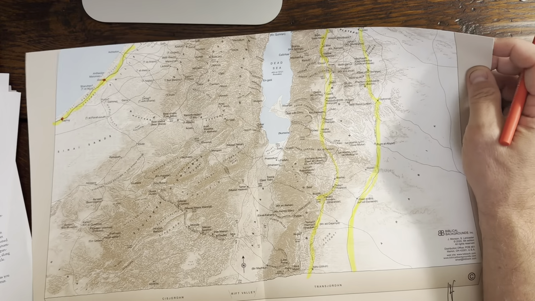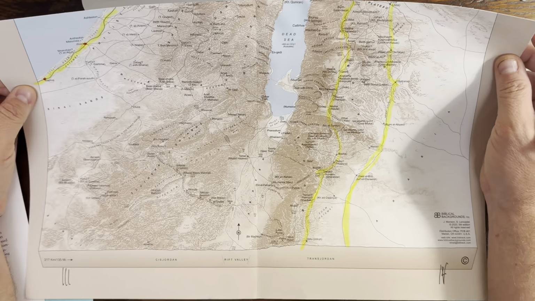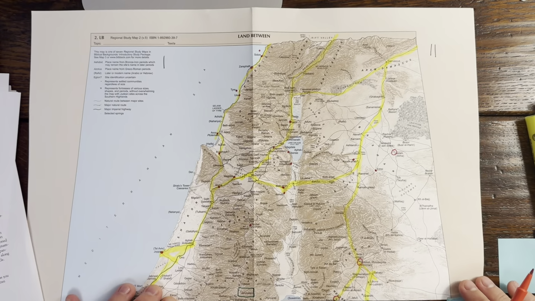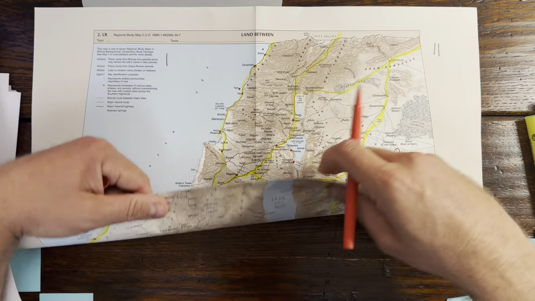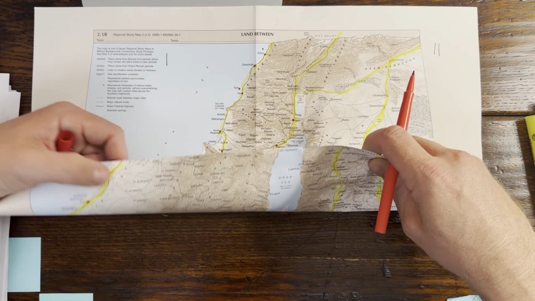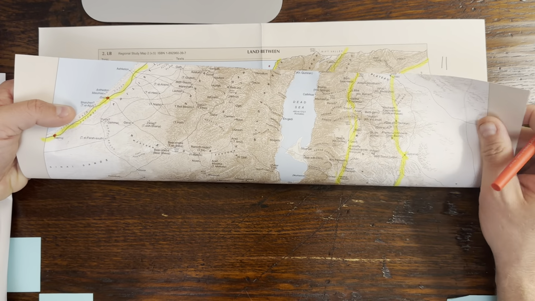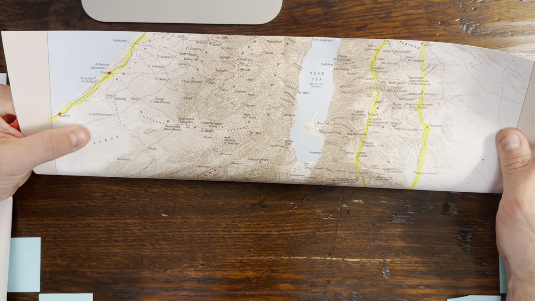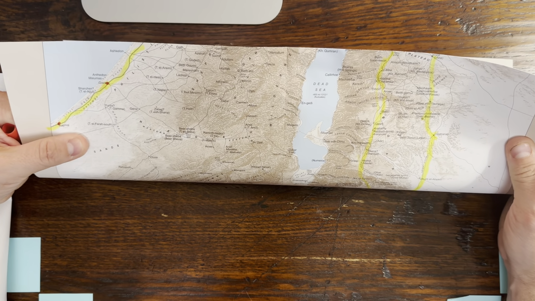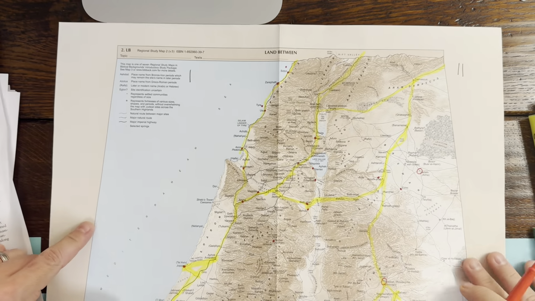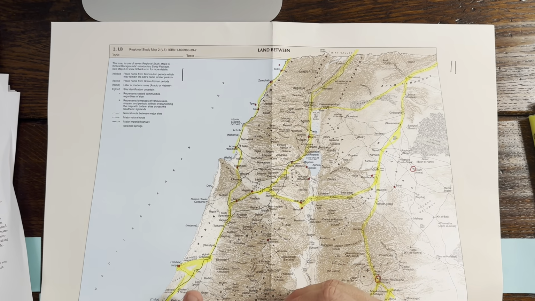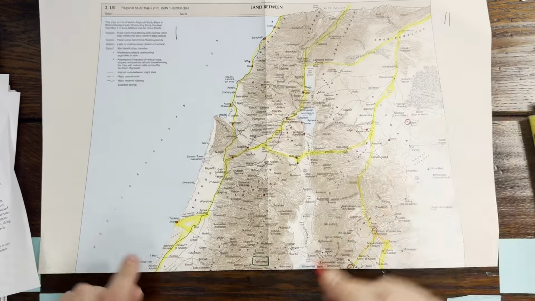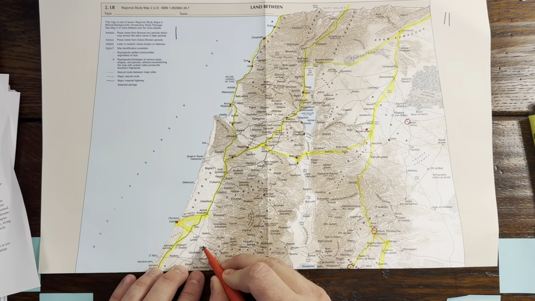Again, it's just going to pop up when I can't find it. Oh. You would think I should know this by now. I don't. It's right here. Okay, there it is. Gezer's right here. All right, so circle Gezer.